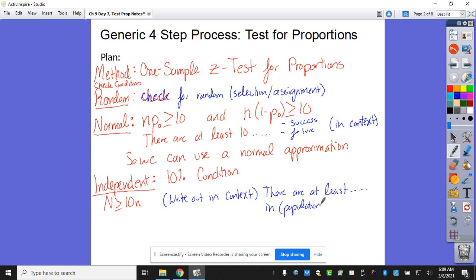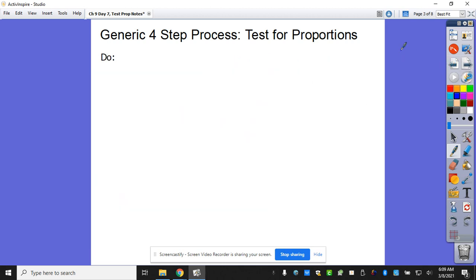And this is specific to in the population. This one you need to write in terms of population. Normal gets a little funny. You'll see it in an example.